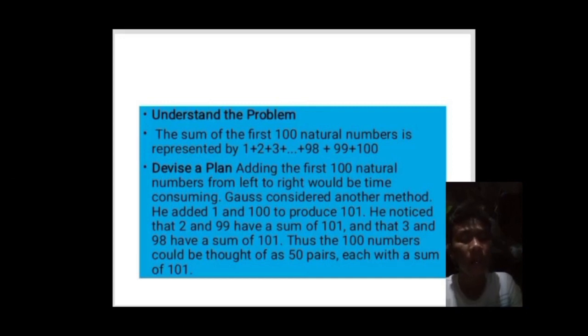Gauss considered another method. He added 1 and 100 and produced 101. He noticed that 2 and 99 have a sum of 101, and that 3 and 98 have a sum of 101. Thus, the 100 numbers could be thought of as 50 pairs with a sum of 101.